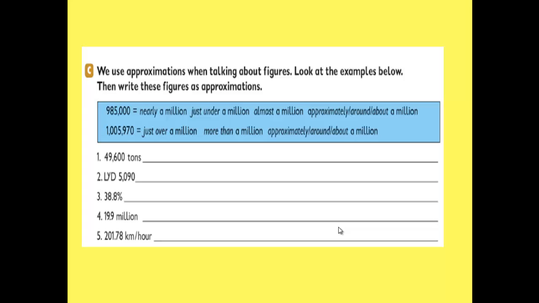We can say about 20 million, or approximately 20 million. And number 5, we have 201.78 kilometers per hour. We can say 200 kilometers per hour, I mean approximately 200 kilometers per hour.